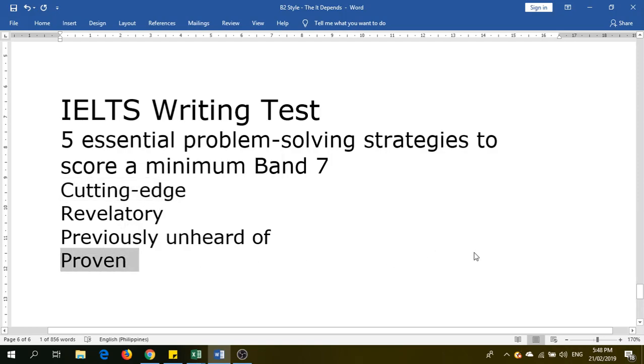For the next video, video number 11, I will be displaying some essays that use the coexist and the it depends and successively scored a band 7 minimum. Of course, I am sure that you have previously not heard of these strategies, and that is because all of these strategies are really a product of investigation and research by this teacher who has had years of training students in class, and therefore the strategies are revelatory. They finally reveal the secrets that the IELTS writing test has been hiding all along.